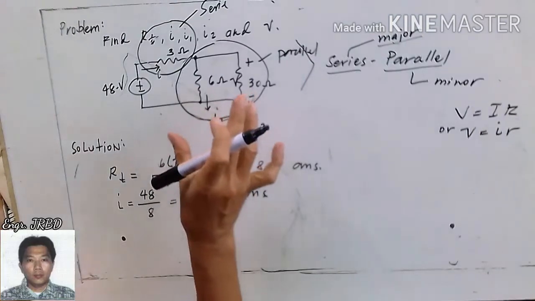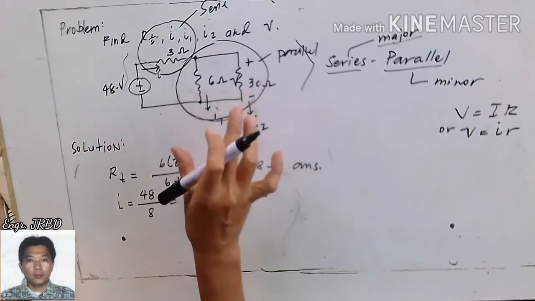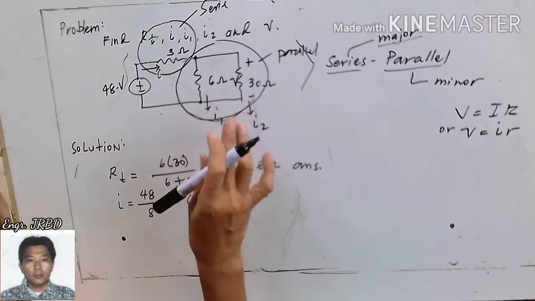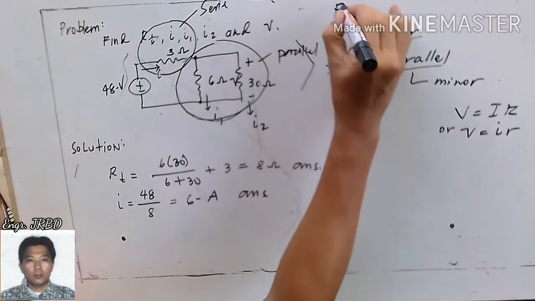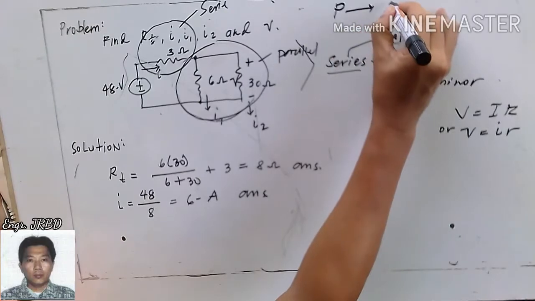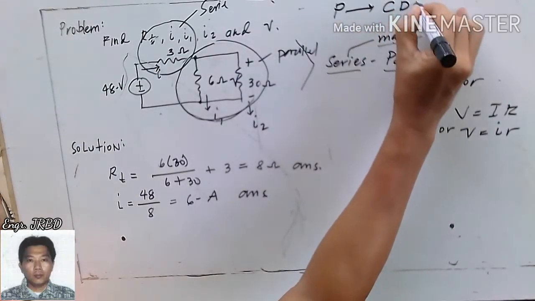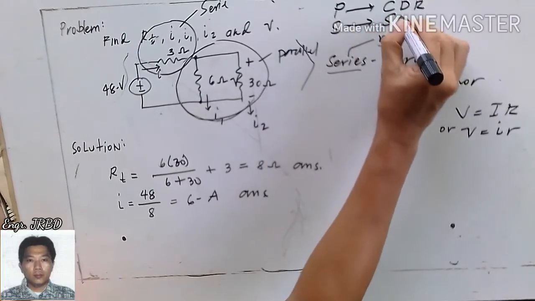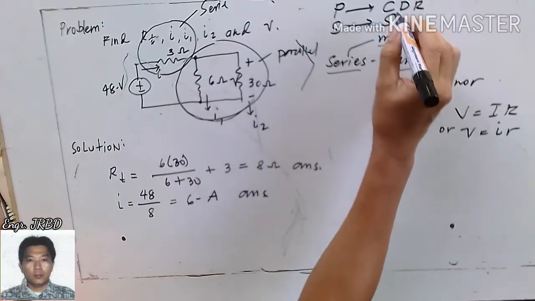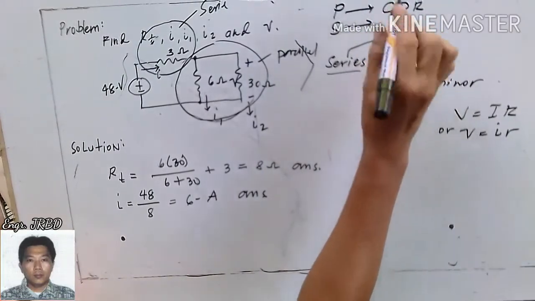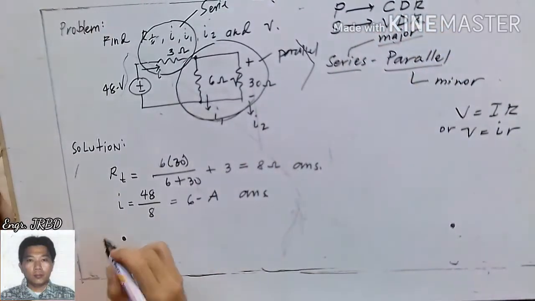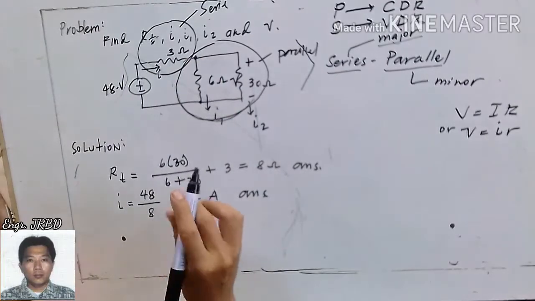Next is our I1 and I2. We have here your parallel circuit. So all you have to do is to apply your current divider rule. Remember, when it is in parallel, you apply your current divider rule. If it is in series, you apply your voltage divider rule. Your I here will split into two parts.